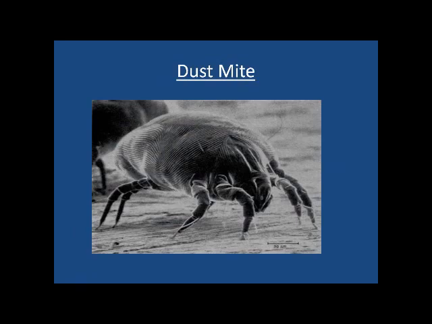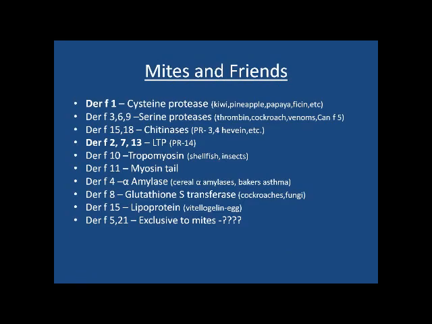Okay, here's our friend the dust mite. And we know that it contains a number of very important allergens, and these include the DURF1, which is a cysteine protease. But we also know cysteine proteases are present in all these fruits: papaya, bison, kiwi, pineapple. So that could be relevant.